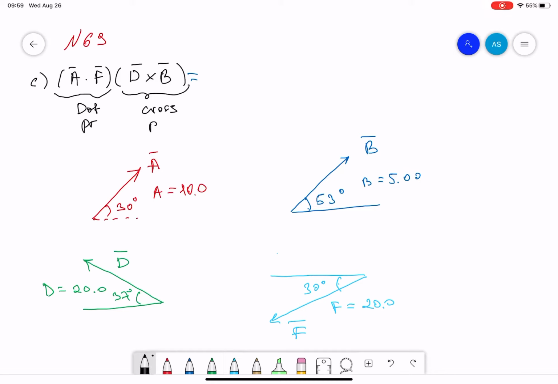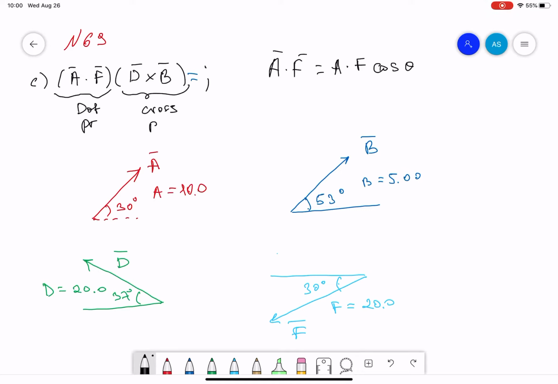First of all, we have to find the dot product between a dot f. Let me write it down here. A dot f is a dot product, so you will have a multiplied by f and the cosine of the angle between them, cos theta. Now what is the angle between a and f?